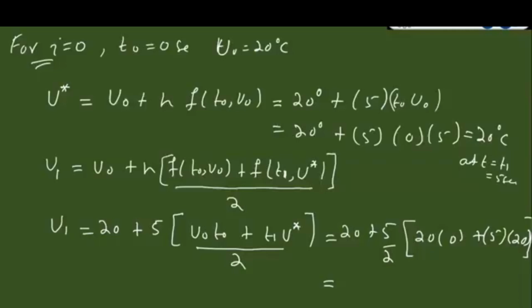Okay, so the calculation would be like this: 250 plus 20. Now, the predicted value is different. It's 270 degrees centigrade.